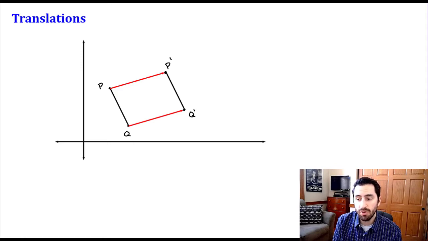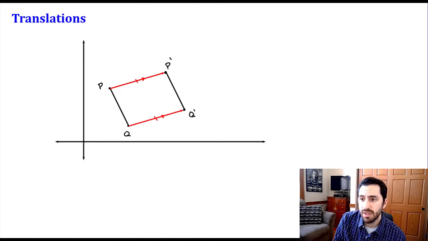Now just a couple things about this. We are moving in the same direction, we're moving the same distance. So these two red arrows that I drew in are going to be congruent to each other. So they have the same length, we moved the same distance, and they're also going to be parallel to each other. So that means that we're moving in the same direction.